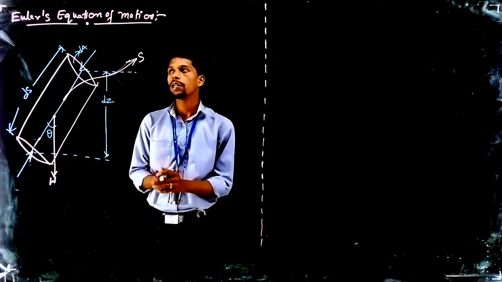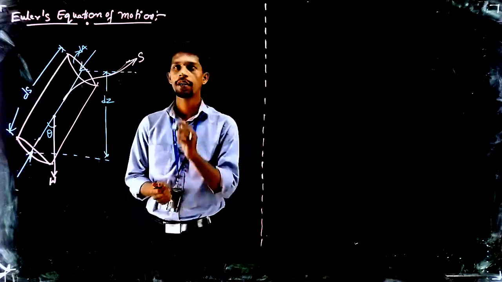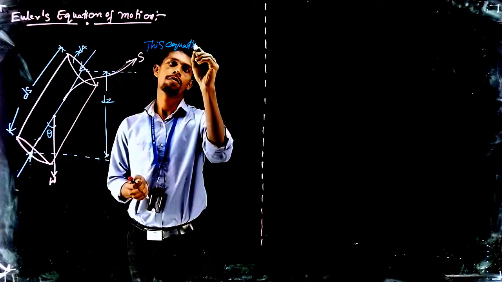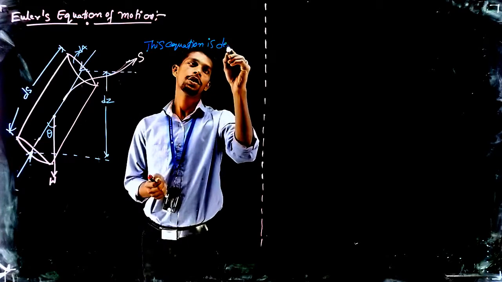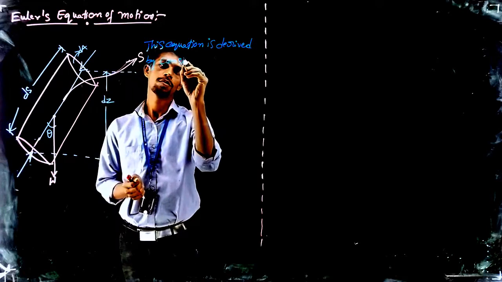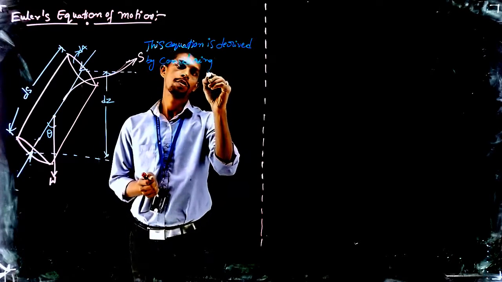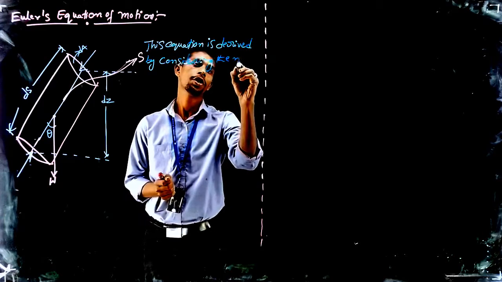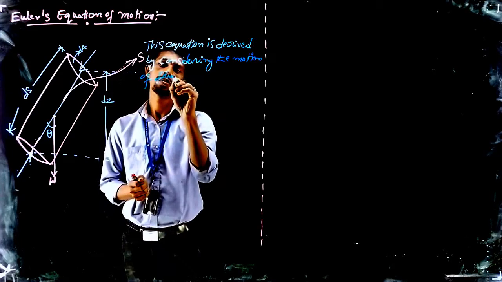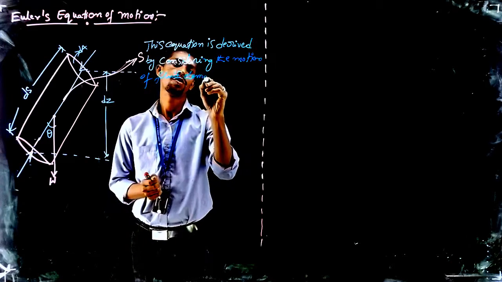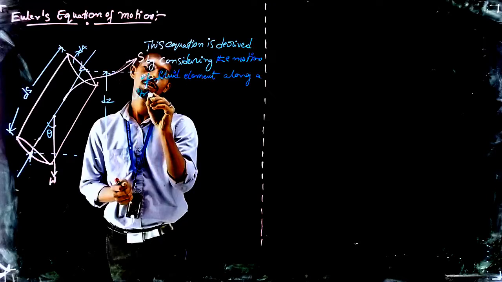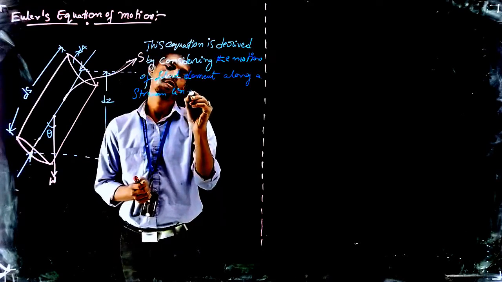Okay. So this Euler's equation will be derived by considering the motion of a fluid element along a streamline, right?